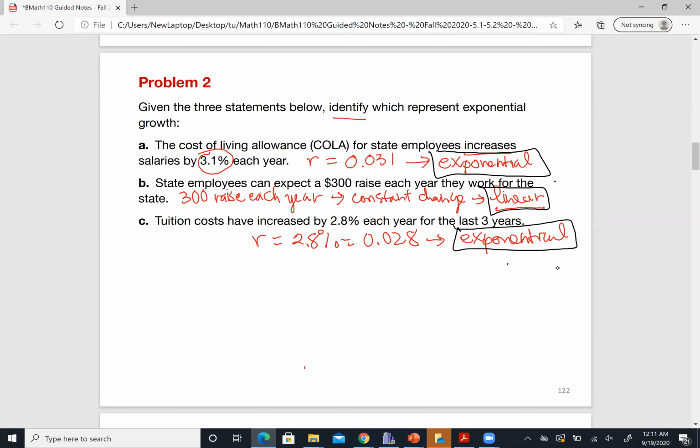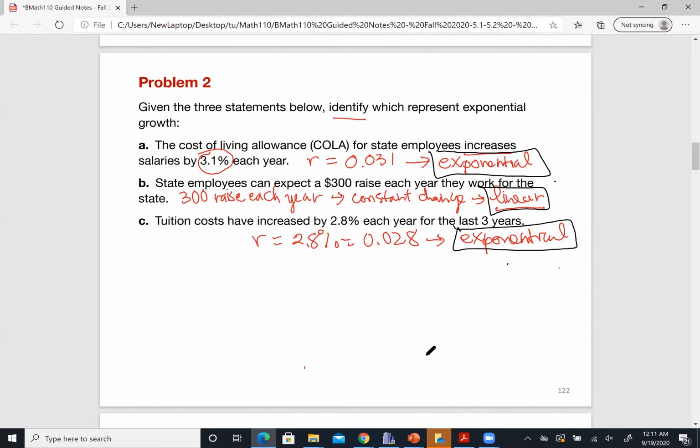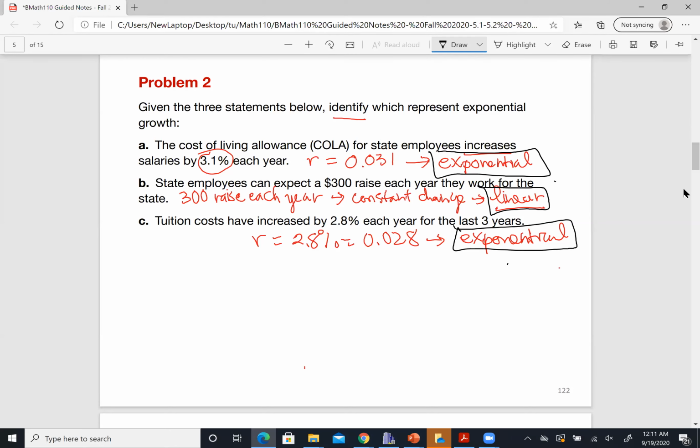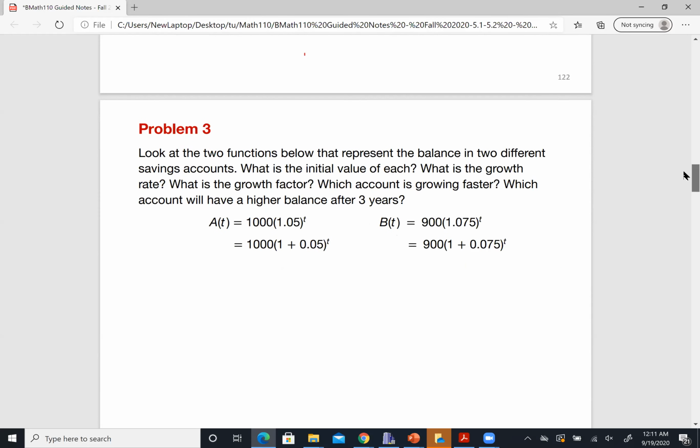In the other case, if it's adding or subtracting a constant change every year, or every time, then it should be a linear function. It should not be an exponential function. Okay, so we're done with this column. This column has the topic of finding the equation of the exponential function. Let's see down here.